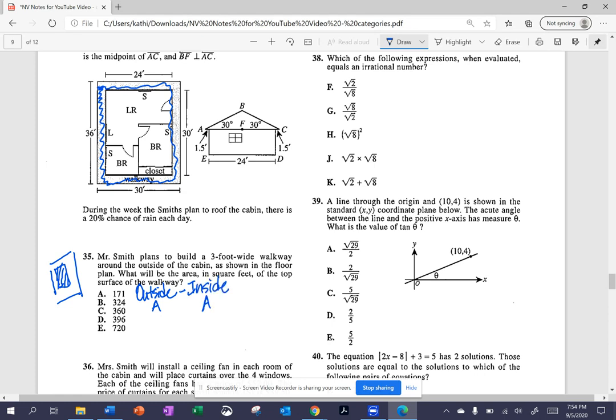The outside area is going to be 30 times 36 minus my inside area, which is going to be 30 times 24. And I get 360 feet squared.